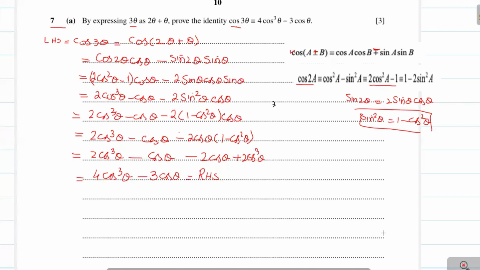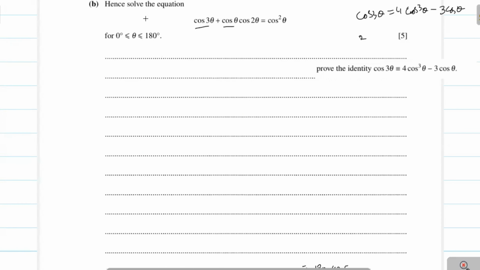Now we move to the next part of this question. Part B: hence solve the equation cos 3θ plus cos θ cos 2θ equals cos²θ, for θ greater than 0 and less than 180. You see here cos 3θ we can write as 4cos³θ minus 3cos θ.